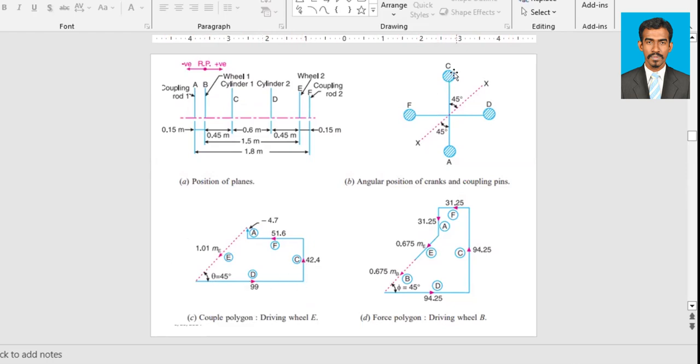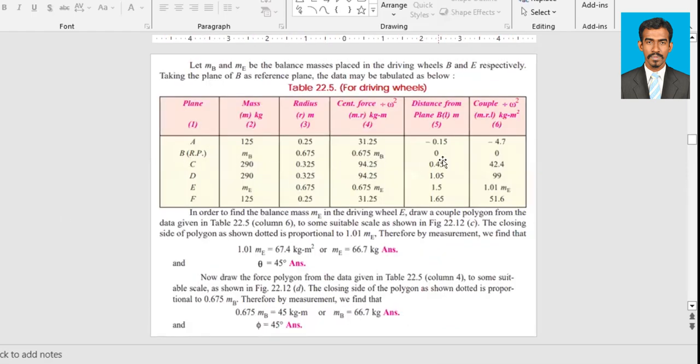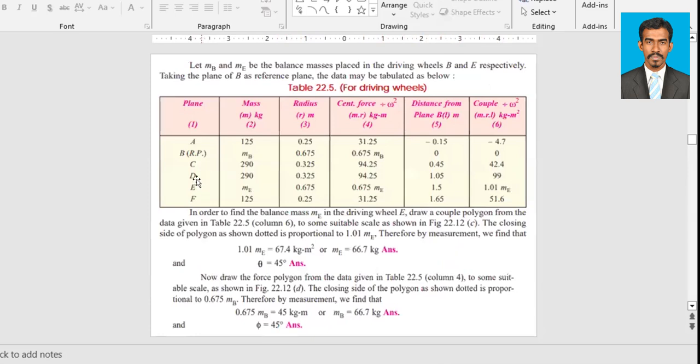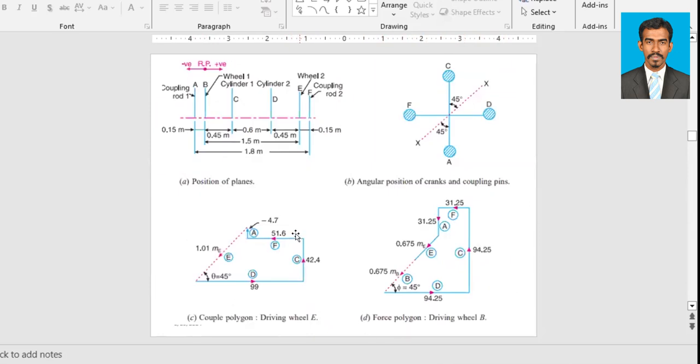Then next one is C. If you check C, the couple polygon value is 42.4, so it's upwards; from here to there it's 42.4 upwards for C. Then we have F. The couple polygon value for F is 51.6, so we will draw 51.6 this way, over to F.